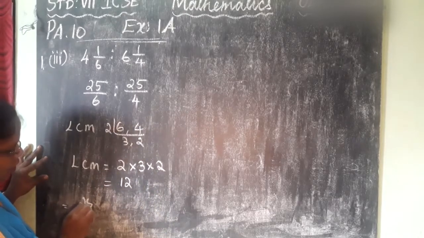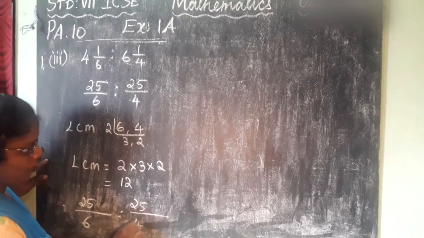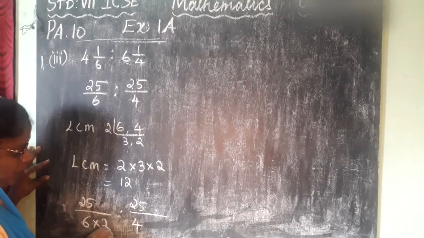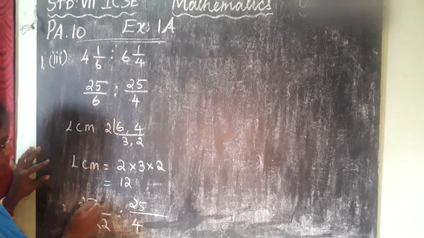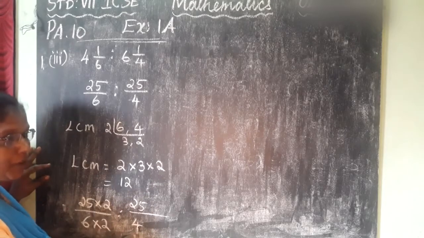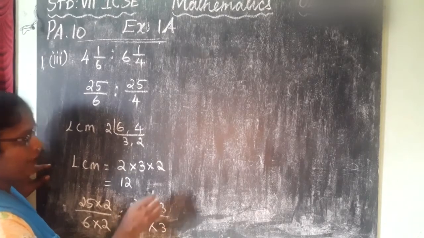So 25 by 6 and 25 by 4. If I multiply what with 6 I get 12? 2. When I multiply the denominator I must multiply the numerator also. Same thing here. If I multiply what with 4 I get 12? 3. So here also you multiply by 3.